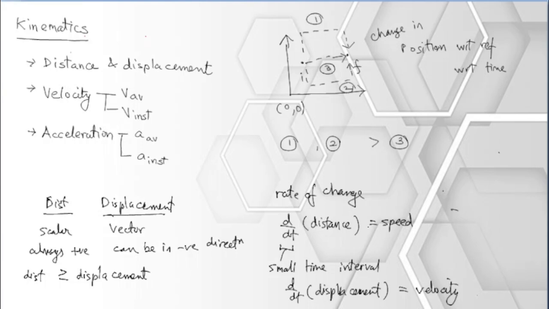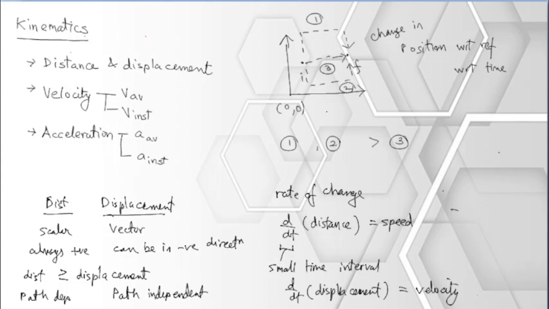And another thing that I have missed is distance is path dependent and displacement is path independent. Now what does that mean?